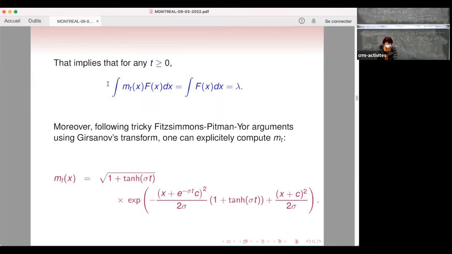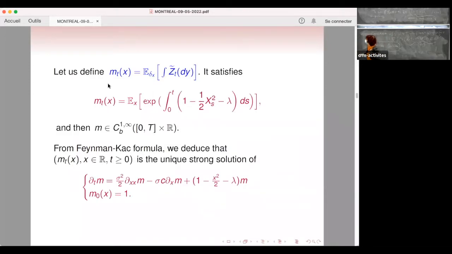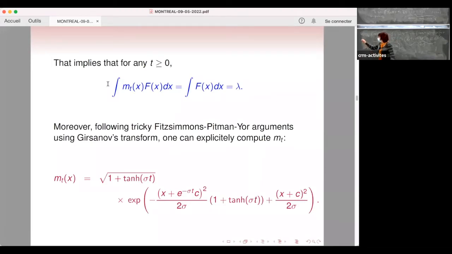Remember that m_t of x is a functional which depends on the Brownian motion. It's tricky, but you can have an explicit expression of m_t of x that we will use later. Okay.